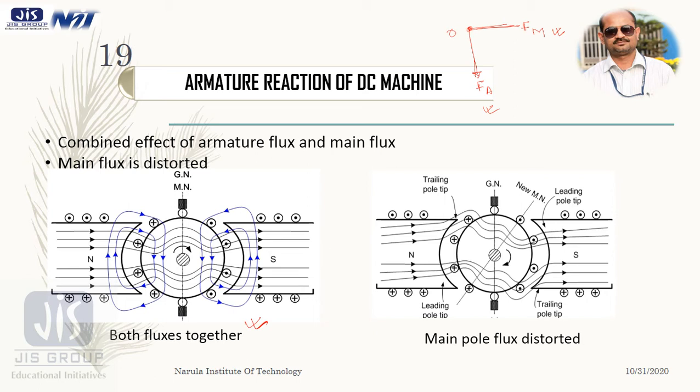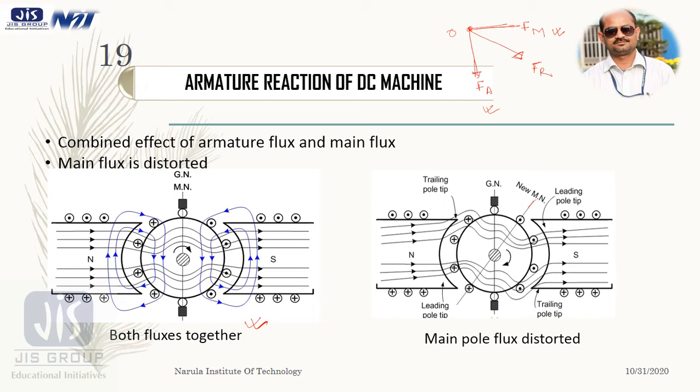So if both fluxes act, you see that the main field flux, when acting with the armature field flux, the resultant flux gets distorted. And now this is my new MNA. So this is my resultant flux. Okay.